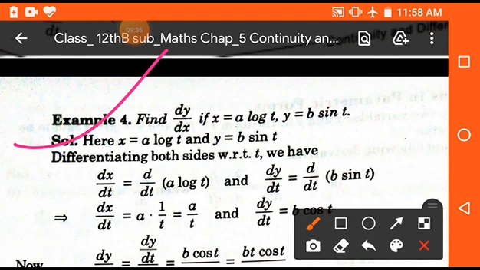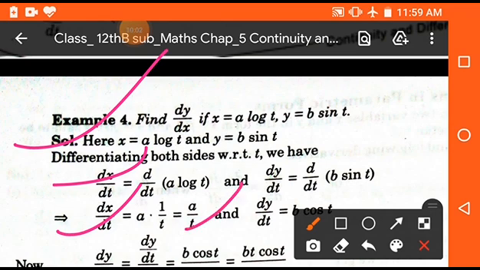See students, find dy over dx if x is equal to a log t and y is equal to b sin t. So first of all, you will differentiate x with respect to t. You will get d over dt of a log t. So dx upon dt will be a into 1 upon t, because the differentiation of log t is 1 upon t.